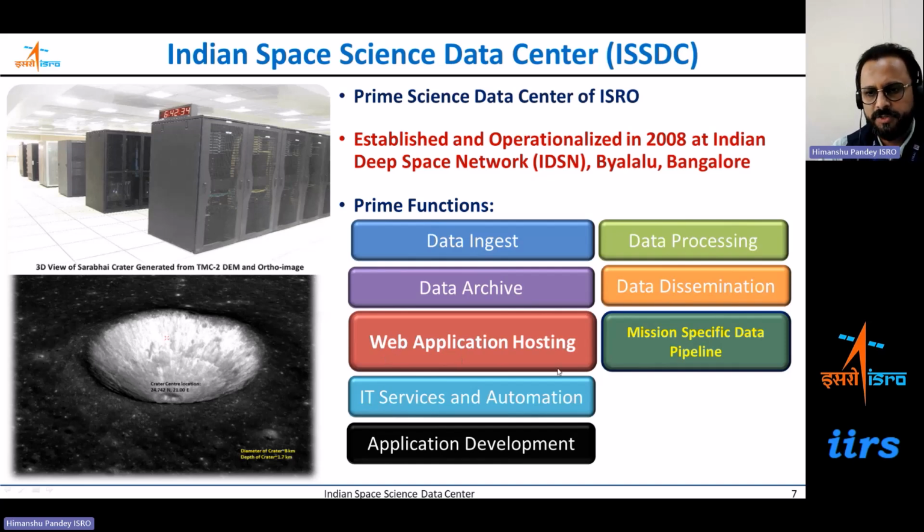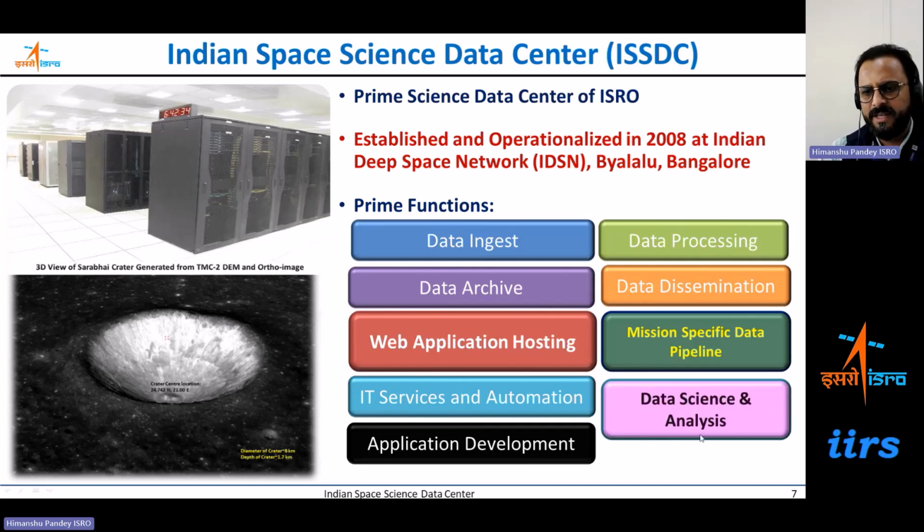Then web application hosting, then mission-specific data pipeline. There are a lot of IT components, automations in services, and application development. Another domain which we are venturing into is data science analysis. Definitely, students, if you are interested, download the data from ISRO and start doing data science analysis and collaborate with the institute and collaborate with us.